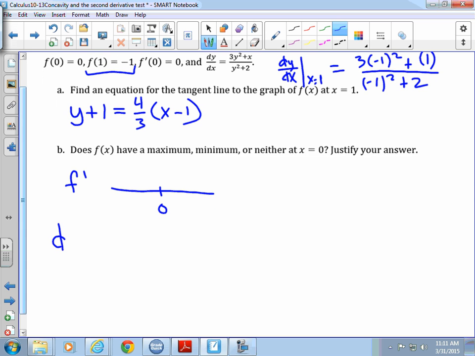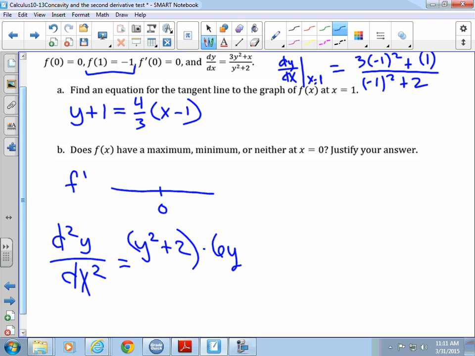because I then have to find the second derivative, which means I have to do the quotient rule. Low d high, fix y dy dx over 2, whoops, hold on.